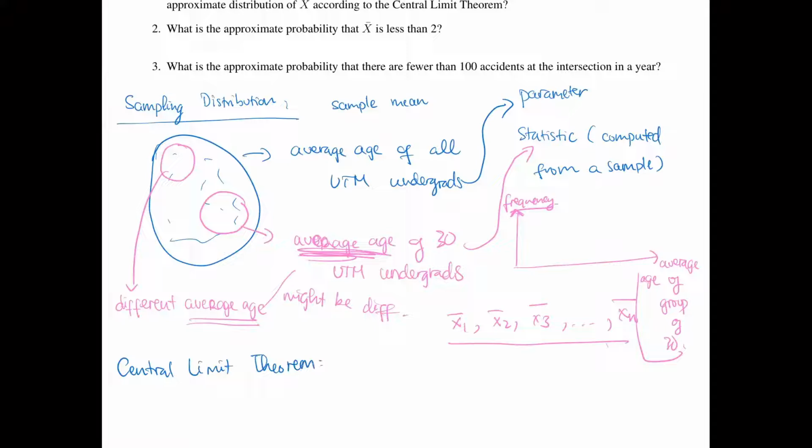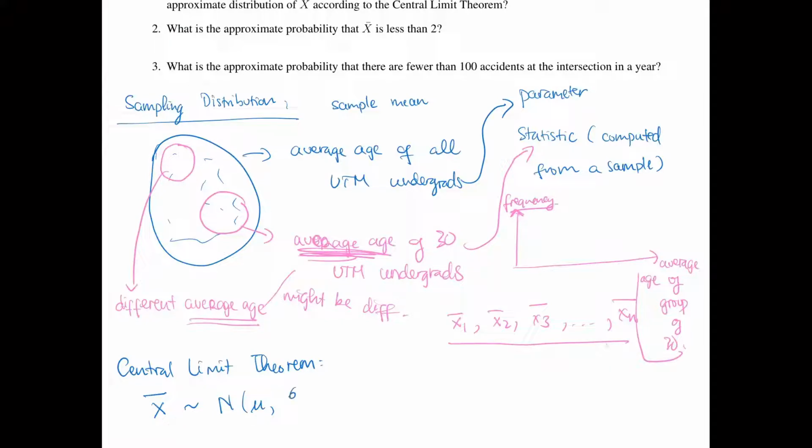What it says is that no matter what the distribution of your population is, whether it is normal or not normal, the sample mean, denoted by x bar, still has a normal distribution where the mean is the same as the population mean.